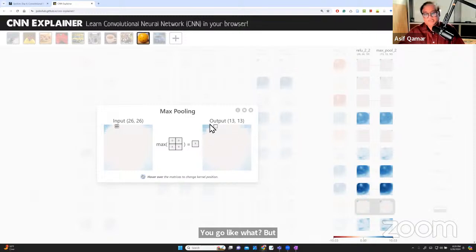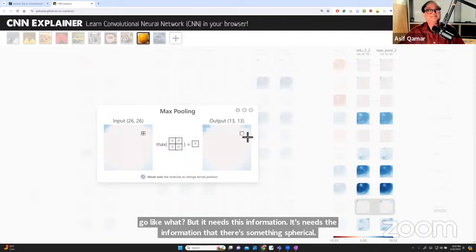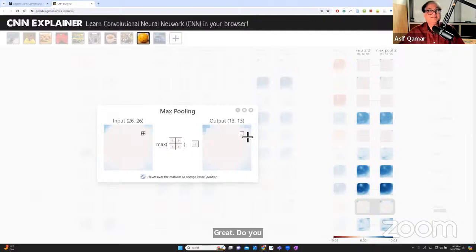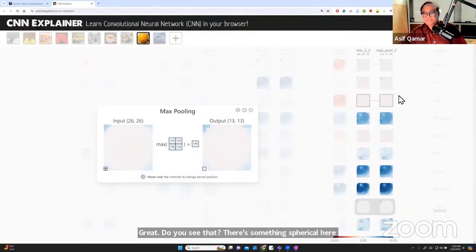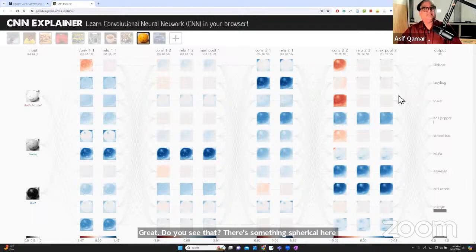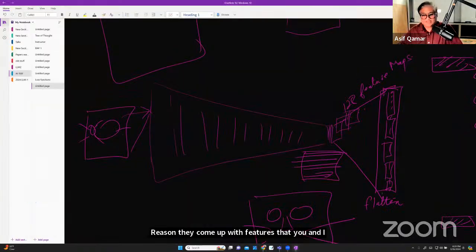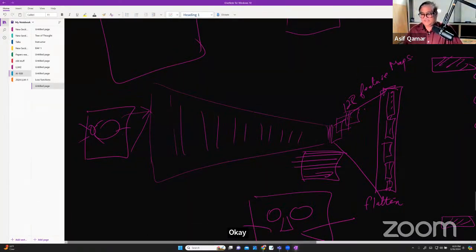It needs the information that there's something spherical. Do you see that? There's something spherical here. And so that is the way these machines reason. They come out with features that you and I wouldn't come out with. These machines do their own thinking. Now comes the interesting thing. If I'm going to flatten it.